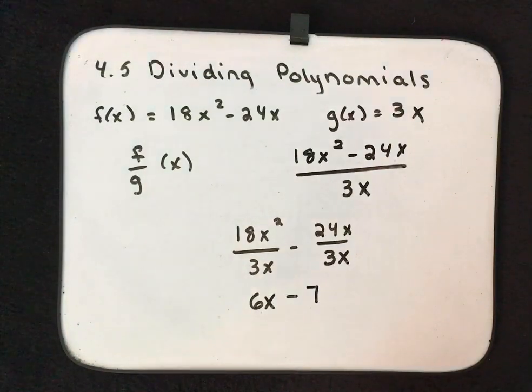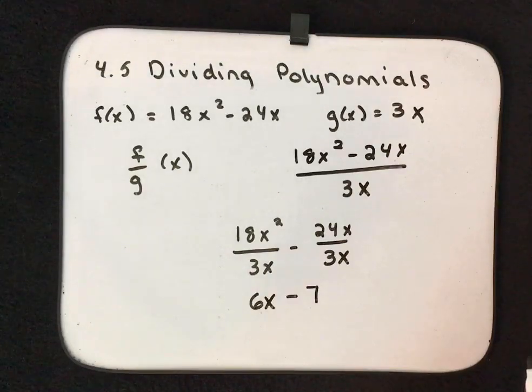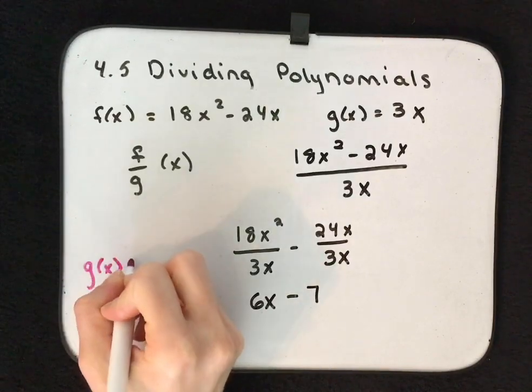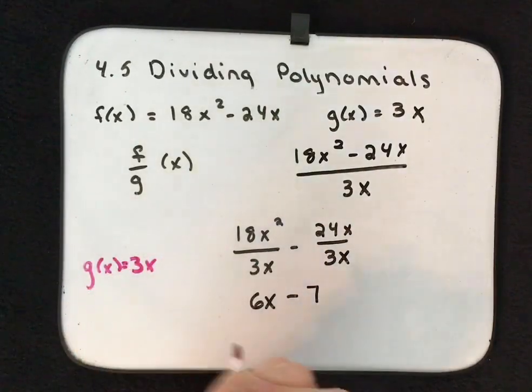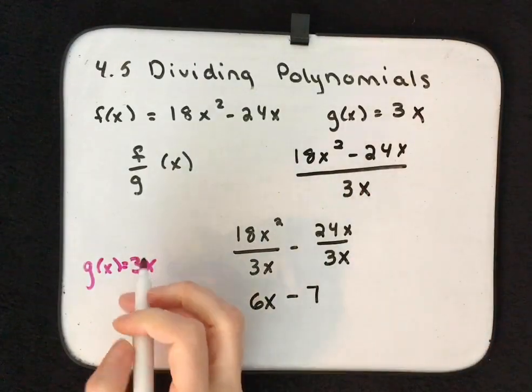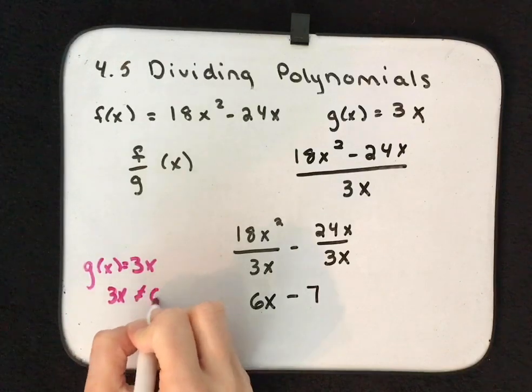Now we need to be careful. In this one, what numbers could we not use in our domain? Well, in this case, our domain is our g of x. So our g of x is what is going to give us restrictions in that denominator. So we're okay with any values right here in our domain other than when 3x would be equal to 0.